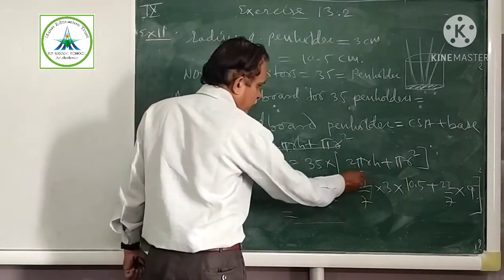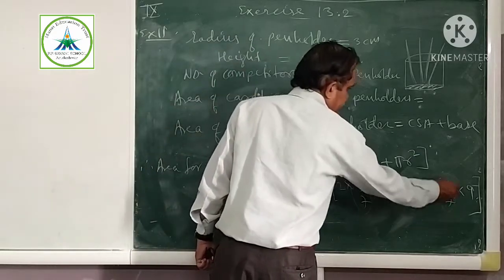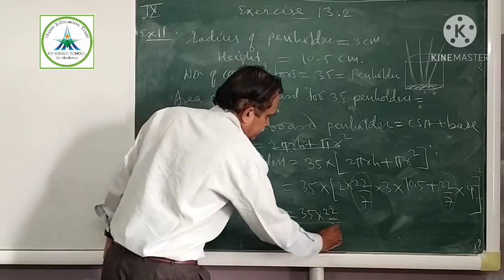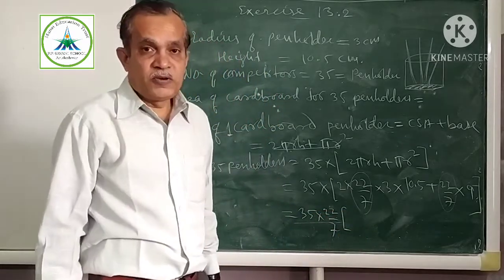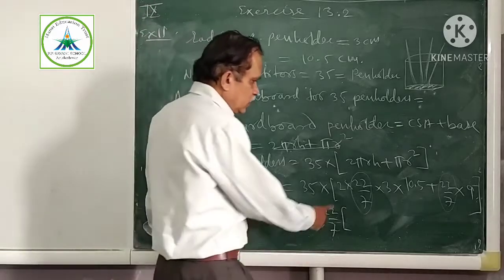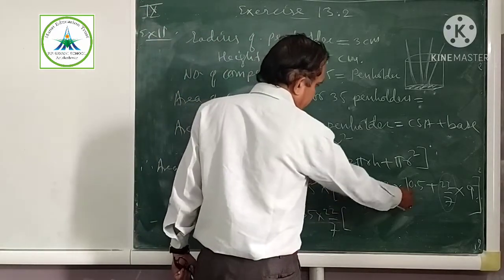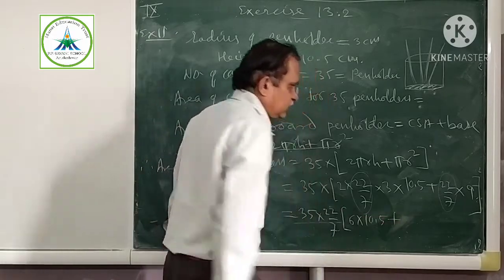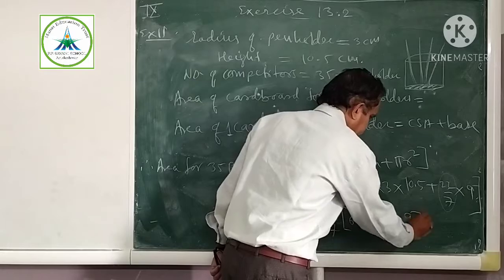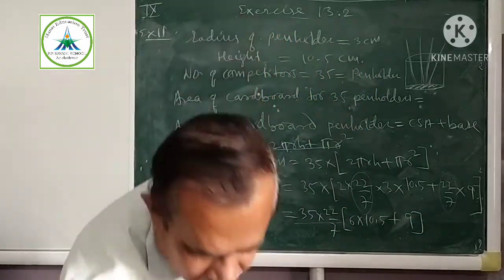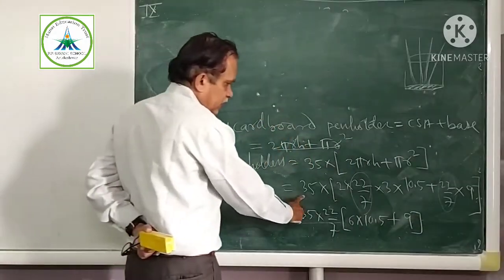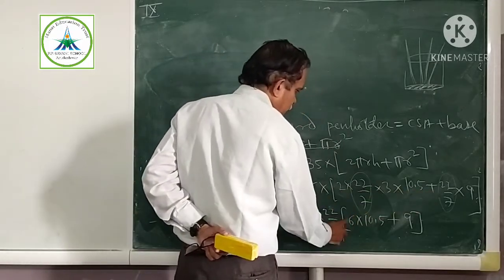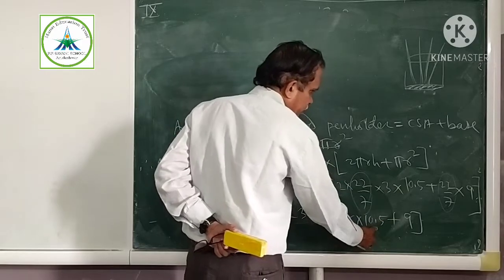Now see students, 22 upon 7 is common, so I can take it out. Got it? Now see, 2 multiplied by 3, 6, multiplied by 10.5, plus 9. We have taken 22 upon 7 common, so what is left is 2 multiplied by 3, 6, multiplied by 10.5 plus 9.